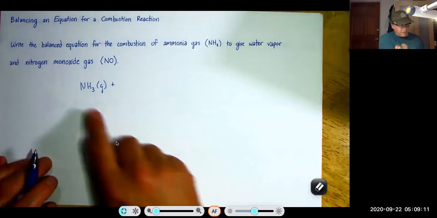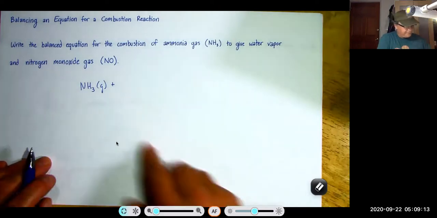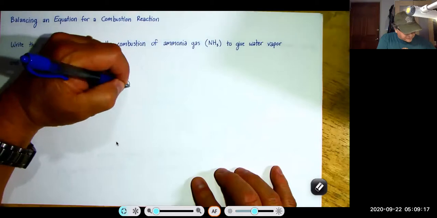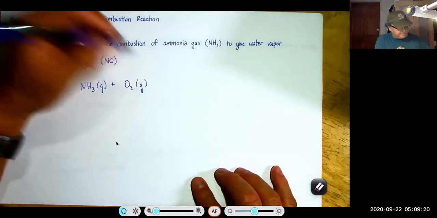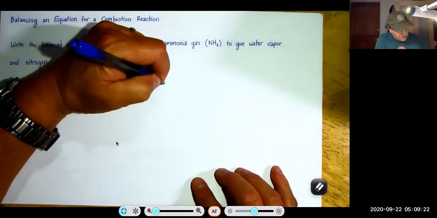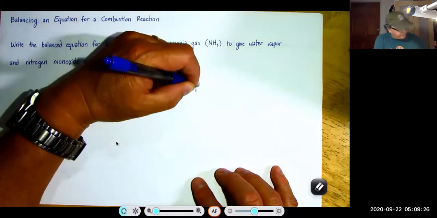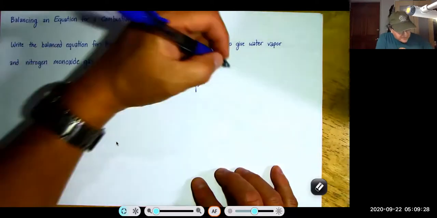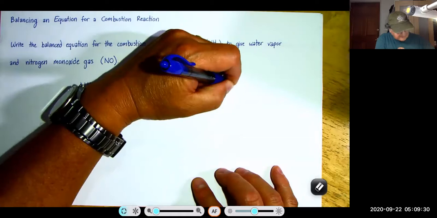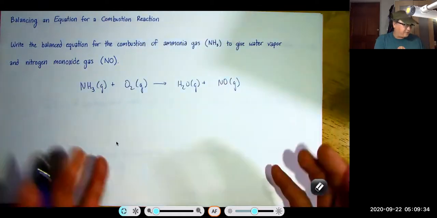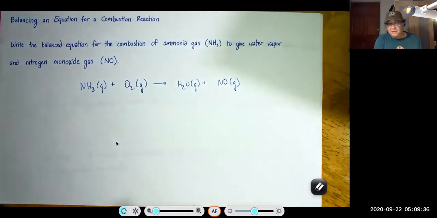So here's the ammonia gas plus oxygen, because we're combusting it with oxygen, to give water vapor plus nitrogen monoxide gas.